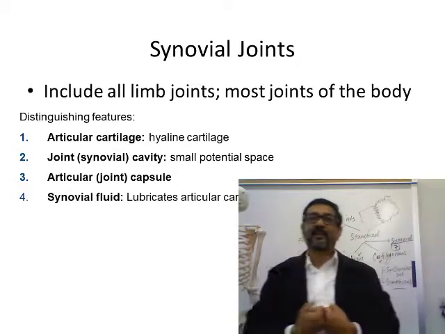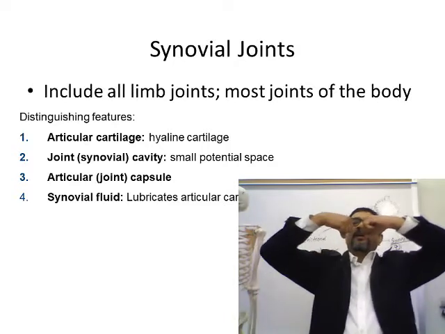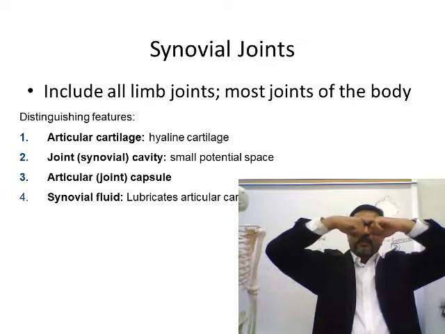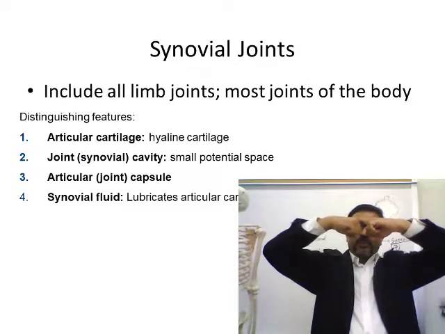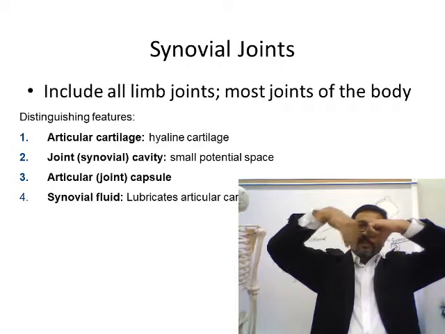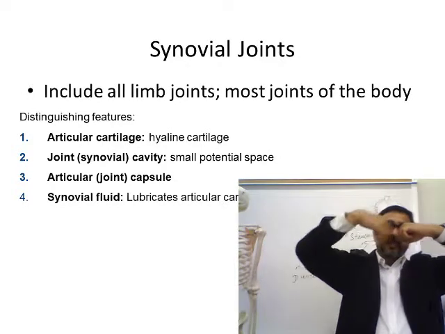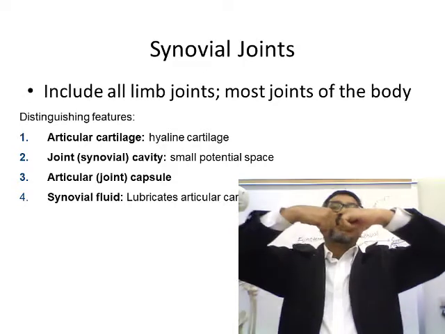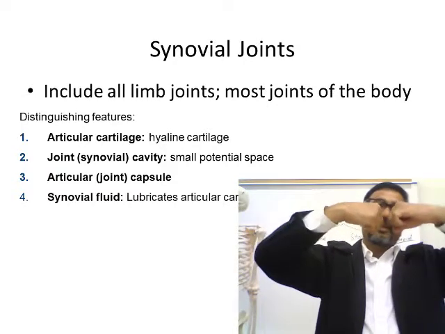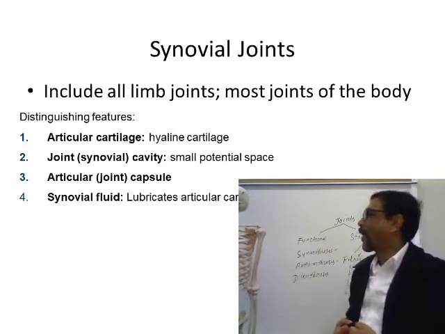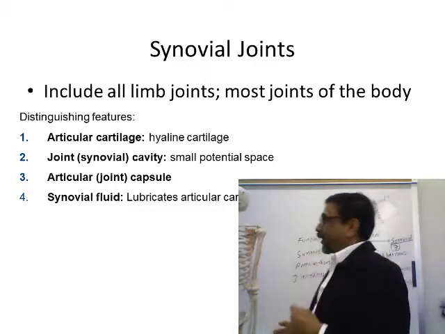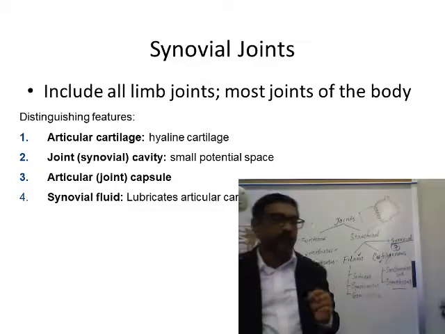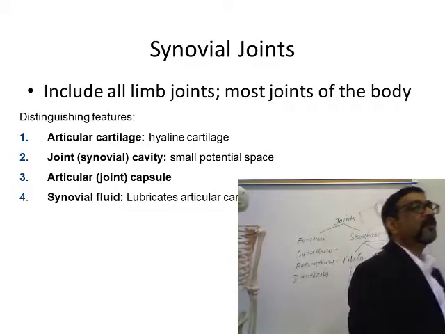Joint cavity. You see here again, there is a space between these 2 bones, and that space is called the synovial cavity or joint cavity. So the synovial cavity must be present, and that cavity contains a fluid that is called the synovial fluid.